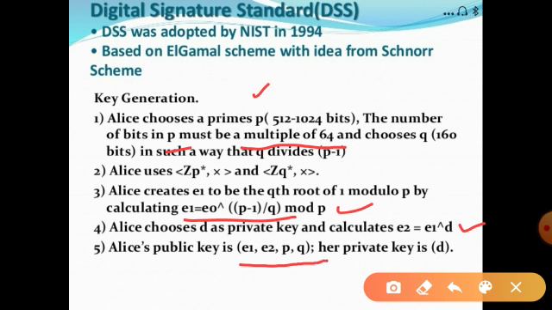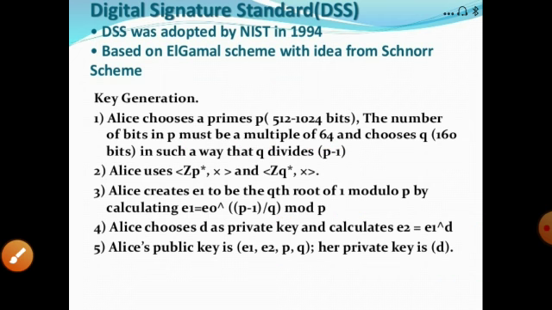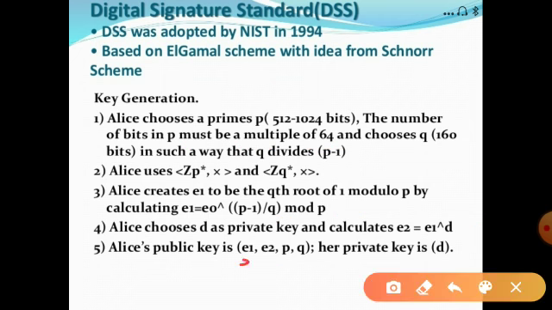So in different schemes, the public key is going to vary, the private key is the same. Public key combination is different in each scheme. In the previous ElGamal, what did we use? e1, e2, and then p.